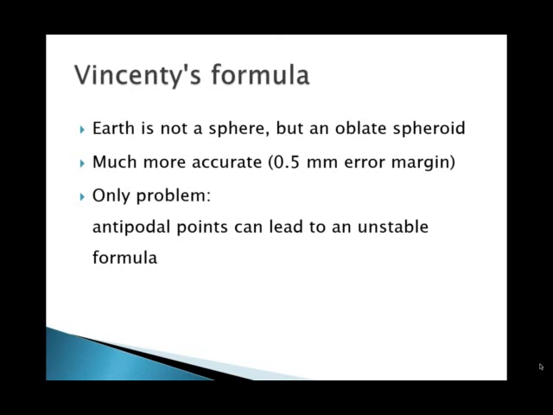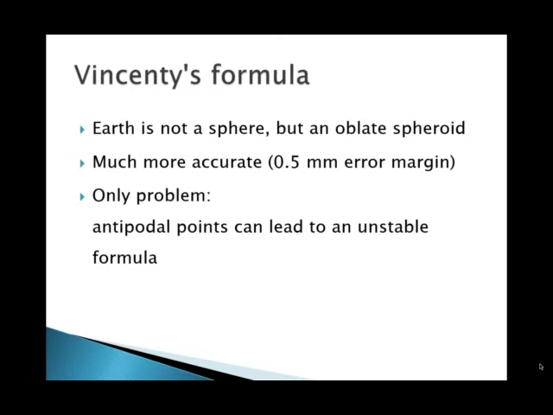It also has a problem, though, that being that of antipodal points. Antipodal points are points that are on almost or exactly the opposite sides of the globe. Meaning if you have one point and you draw a straight line through the center of the Earth and keep going until you meet the surface on the other side, that is the antipodal point.